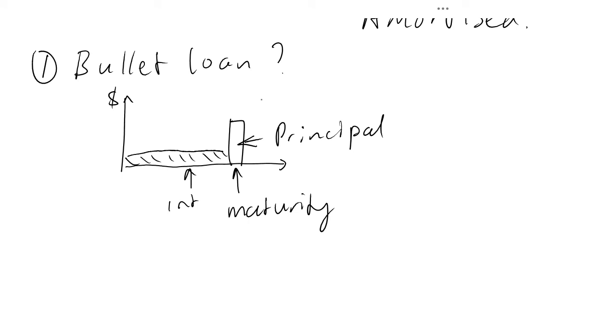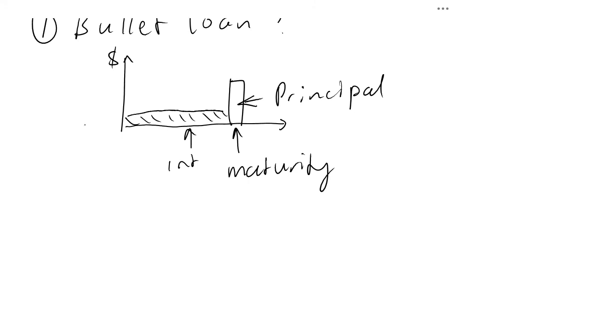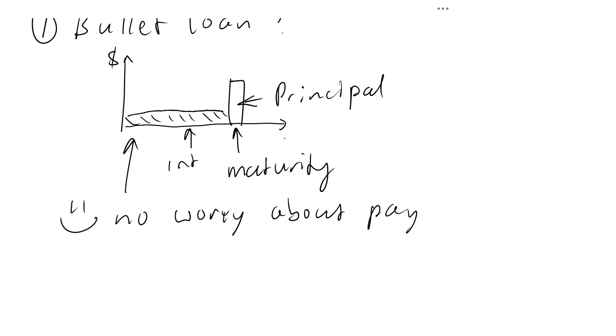This loan has a very powerful advantage. That is, number one, there is no worry about the paying of installments, because all you are paying in the meantime until the loan is mature is just the interest.